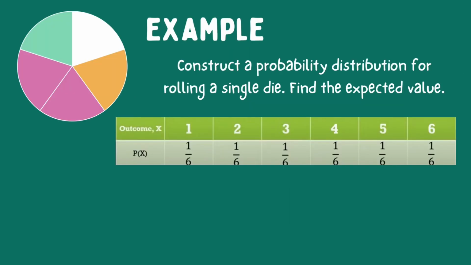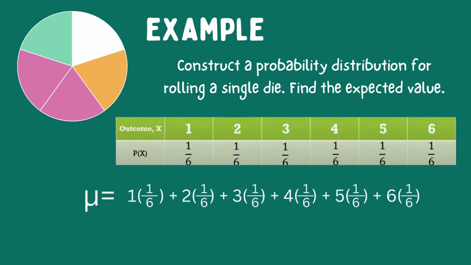Using the example earlier, construct a probability distribution for rolling a single die and find the expected value using the formula for mean, which is 1 times 1/6 plus 2 times 1/6 plus 3 times 1/6 plus 4 times 1/6 plus 5 times 1/6 plus 6 times 1/6. Using your calculator, the total will be 3.5.